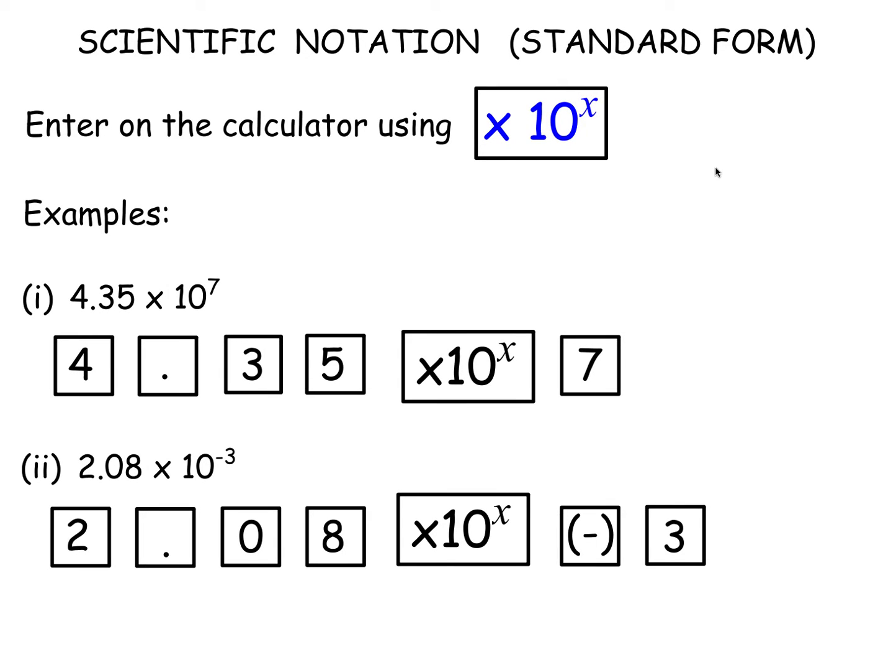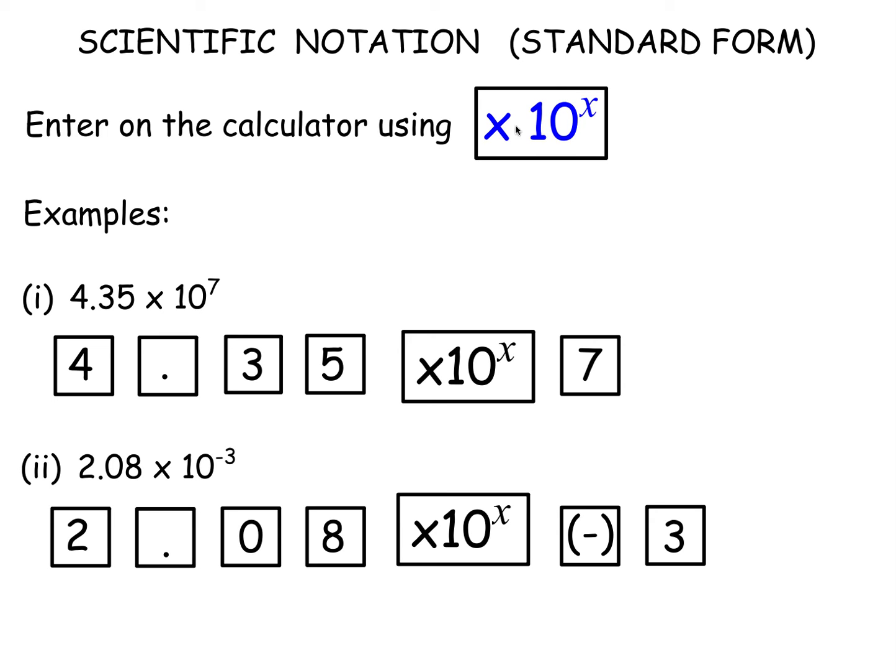The main part in scientific notation is calculations on the calculator. So scientific notation on a Casio can be entered using this times 10 to the power x button. It's not the only way you can enter it on the calculator.